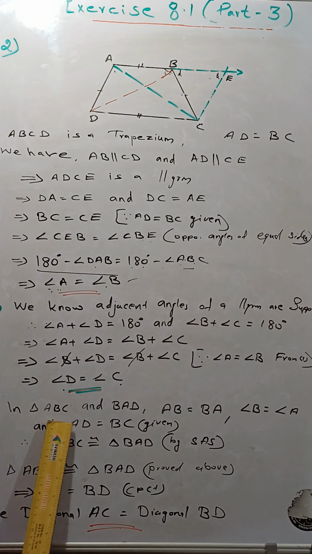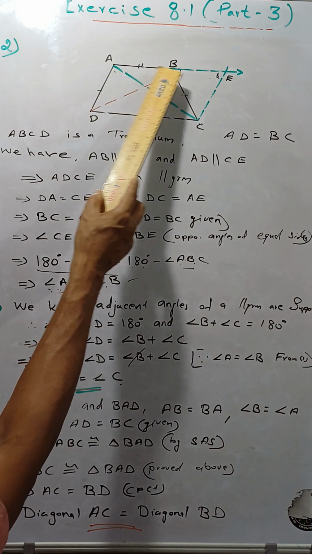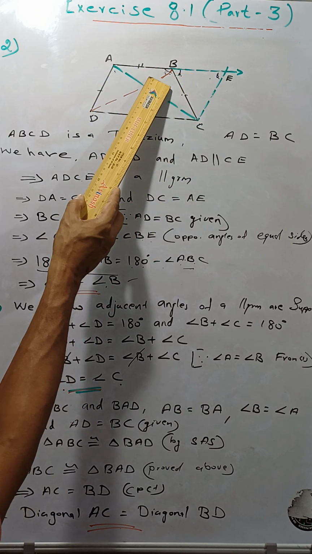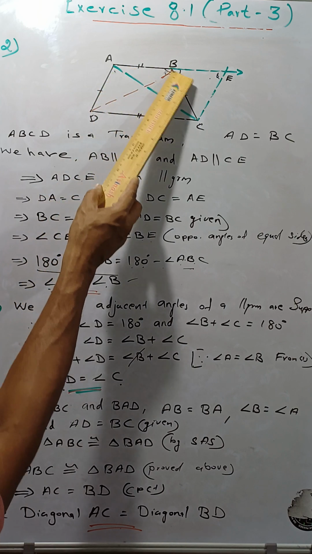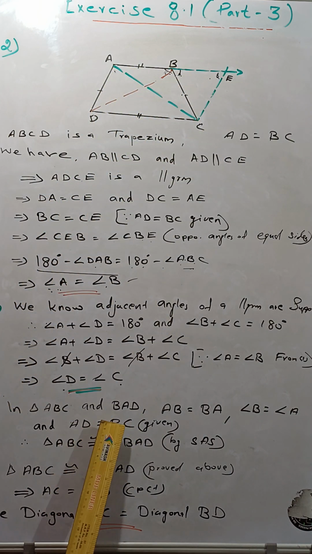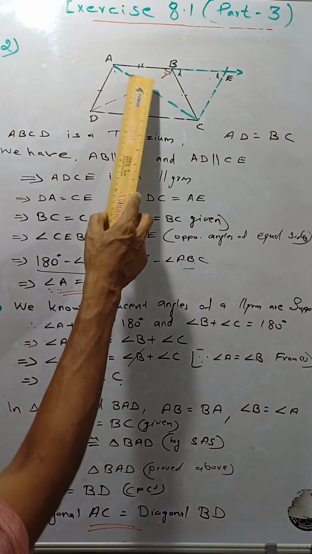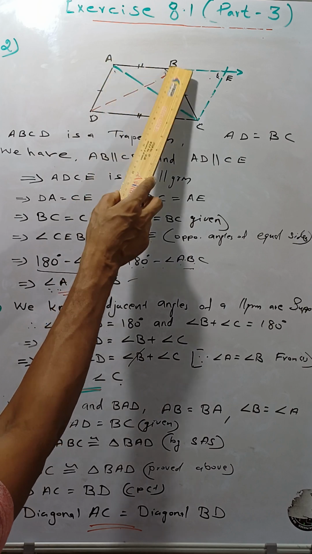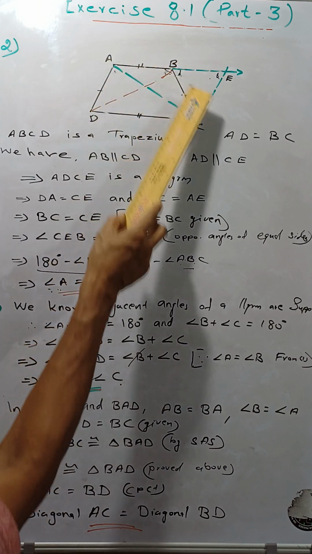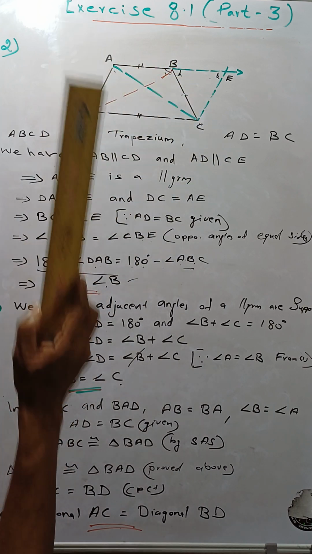In triangle ABC, this triangle, and BAD, these two triangles we are taking, BAD and ABC, this and this.